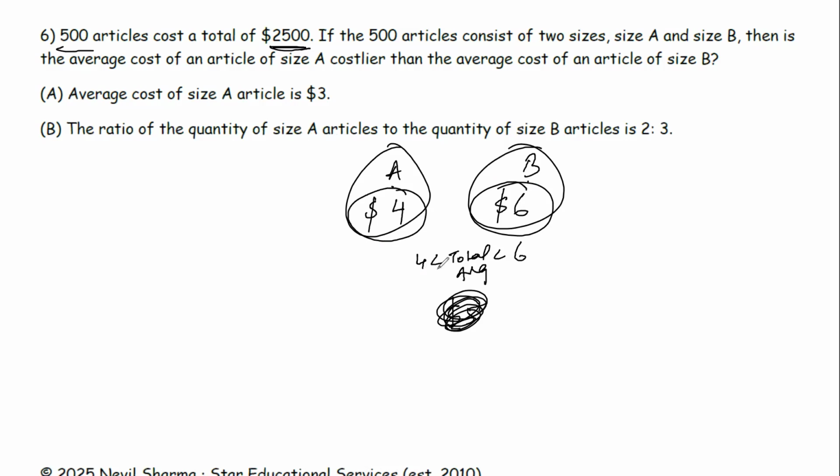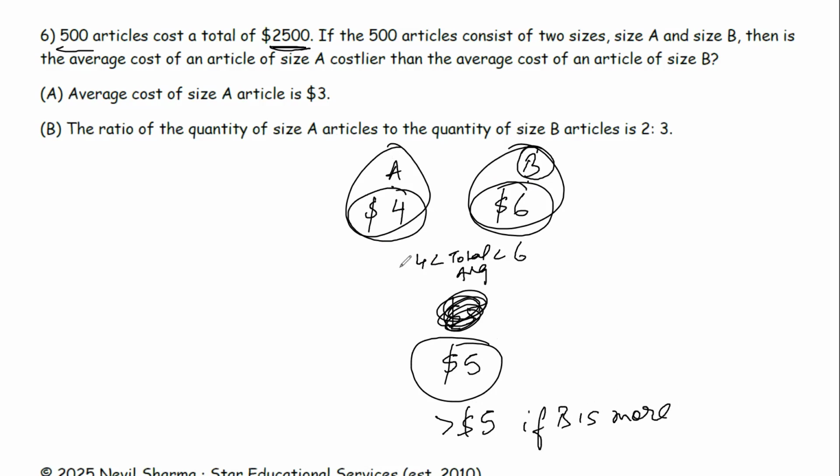All right. Are you getting the picture? Yeah. So if the quantity of A and B sizes were equal, then we'll take the average of 4 and 6, and 5 is the answer if the quantities were equal. However, if the quantity B is more, then your average would have been greater than 5 if B is more. And if A is more, meaning the quantity of size A is more, then their average would have been lesser than 5.